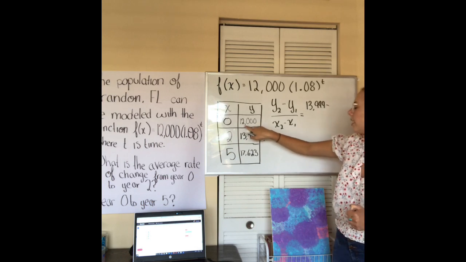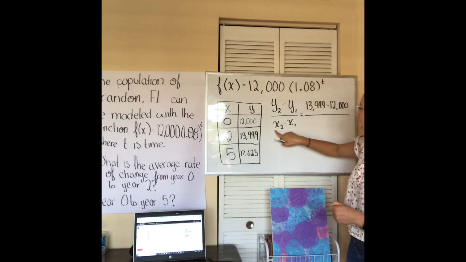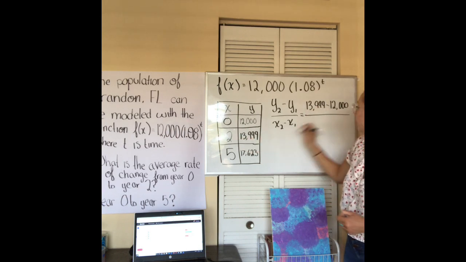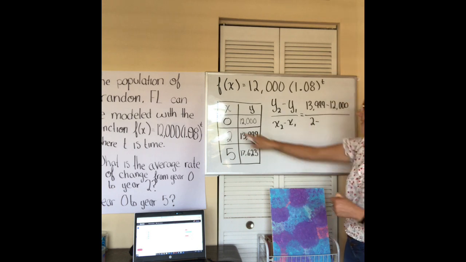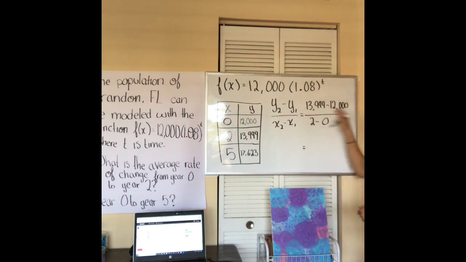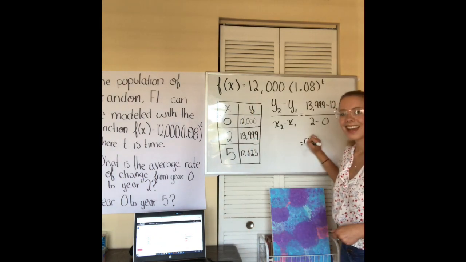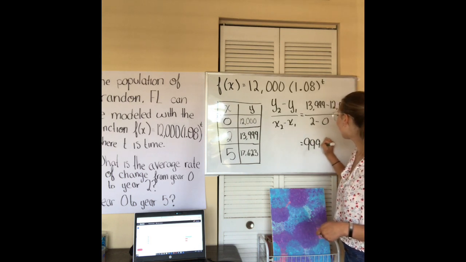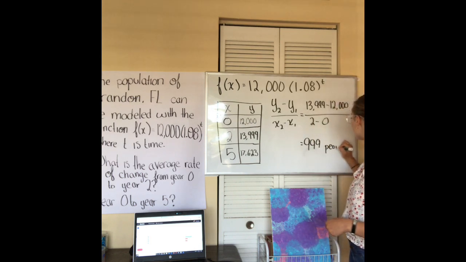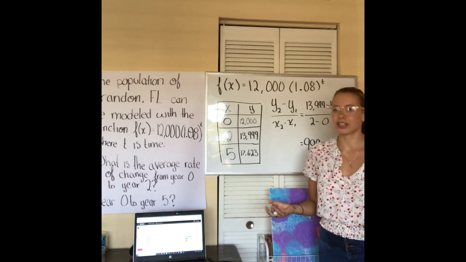So from year 0 to year 2, our y2 is 13,999 minus our y1 is 12,000 over our x2 is 2 minus our x1 is 0. And if you were to solve out the top, solve out the bottom, divide them together, you would get 999 people per year, because again, you can't have a fraction of a person.